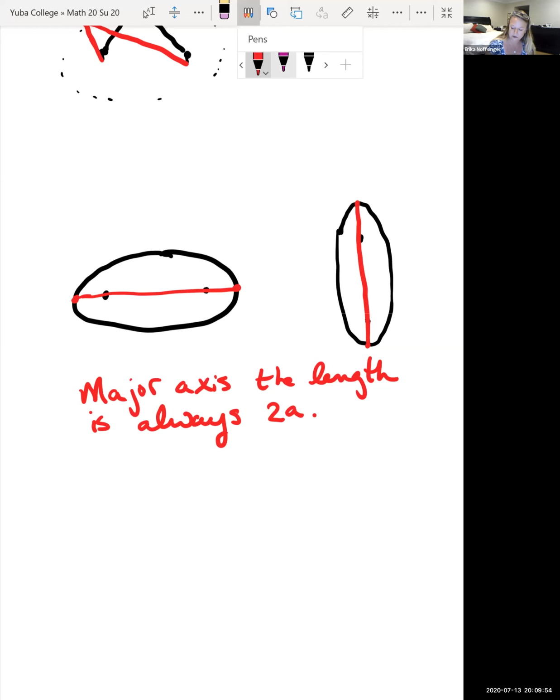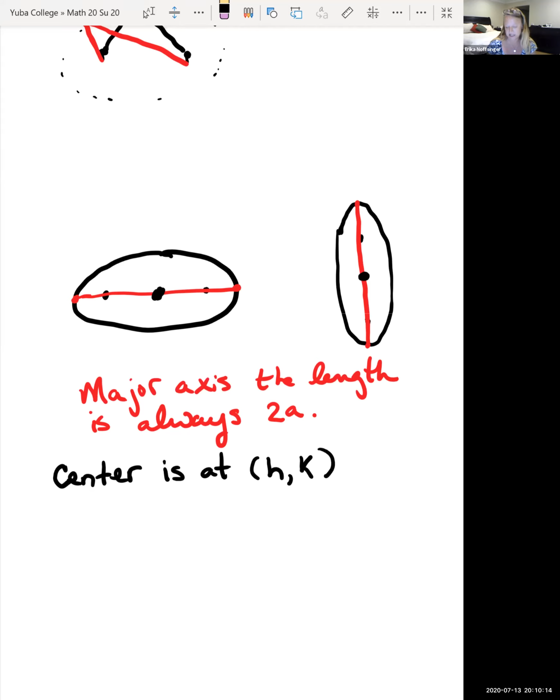Just like a circle, your ellipse has a center. And so that major axis also goes through the center. And our center, just like a circle, we said was (h, k). So same thing here. Our center we're going to call (h, k). And then we have what is called the minor axis.